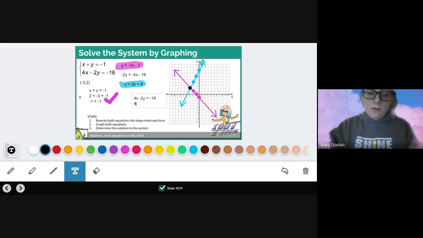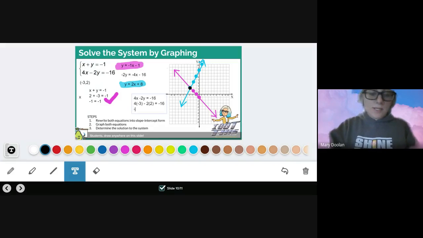So it'll be 4 times negative 3 minus 2 times our y value, which is 2. And we want to know, does that equal negative 16? That's what we're trying to figure out.